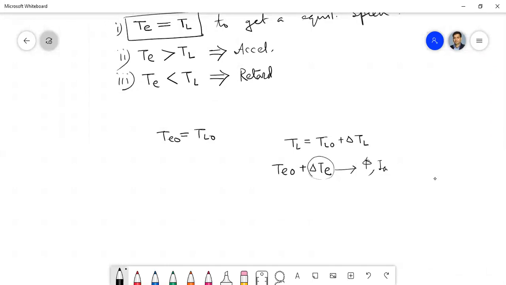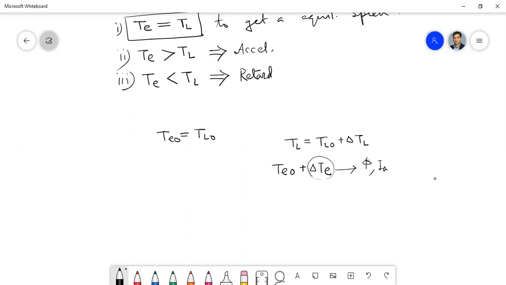The next thing is the different types of field excitation for DC motor. Like you have seen for DC generators, we have different types of field excitation. For motors also, we can have the same field excitation methods. What are the methods? Separately excited, then self-excited.